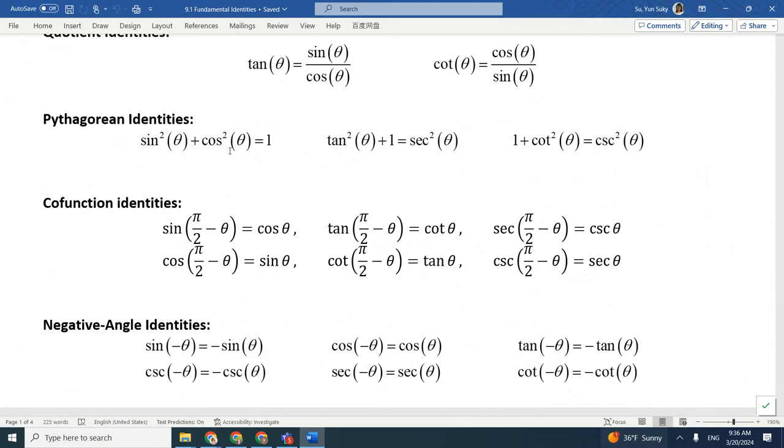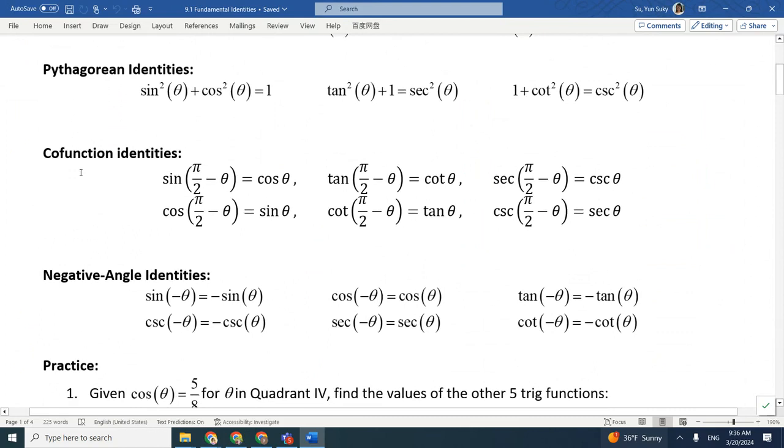Supplementary angles, you add together, you get 180 degrees. So we have the cofunctions. Sine and cosine of complementary angles are the same. And similarly, tangent and cotangent, and secant and cosecant. These are the cofunction identities.